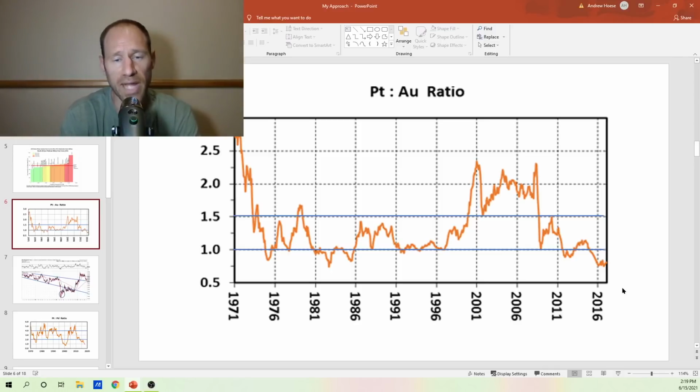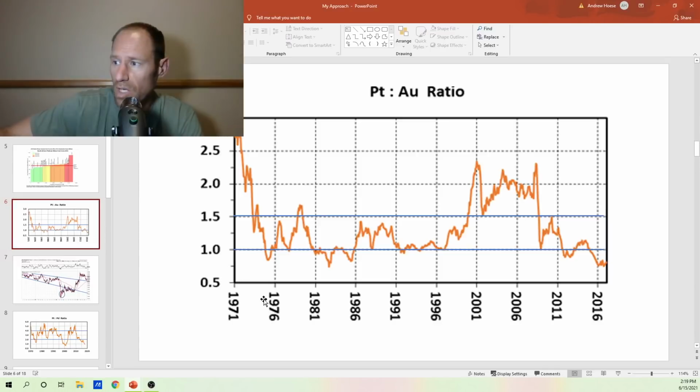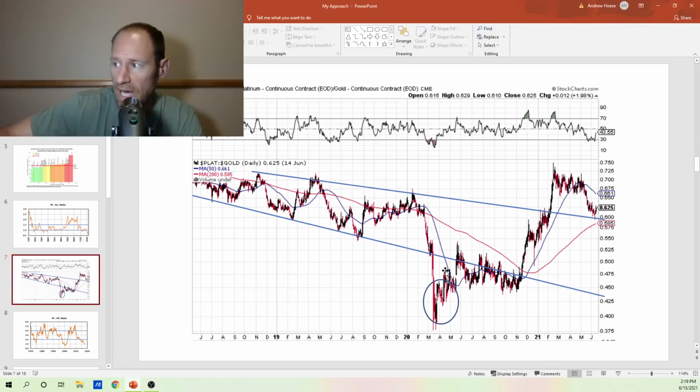It was saying that platinum was never as cheap in relationship to gold in history. So that ratio was telling us that we have a platinum favorable ratio and that it's really cheap. The platinum to gold ratio right now is 0.625, which is right here, and it's really, really low in history. I swapped some metals and bought platinum in this circle all through here.